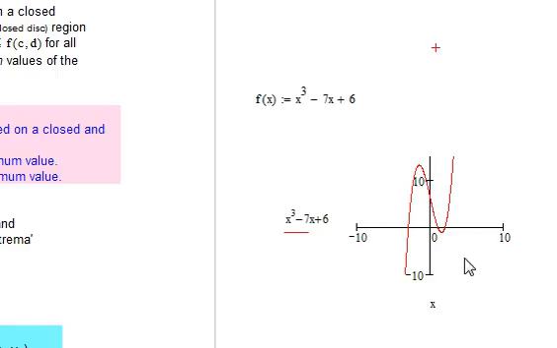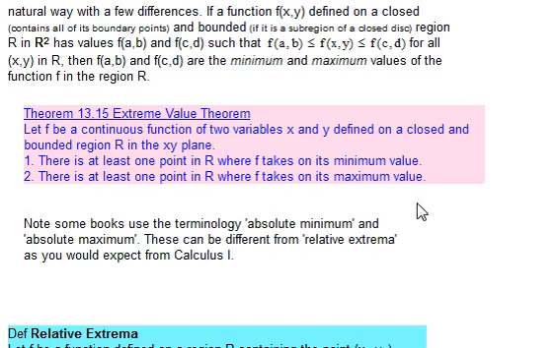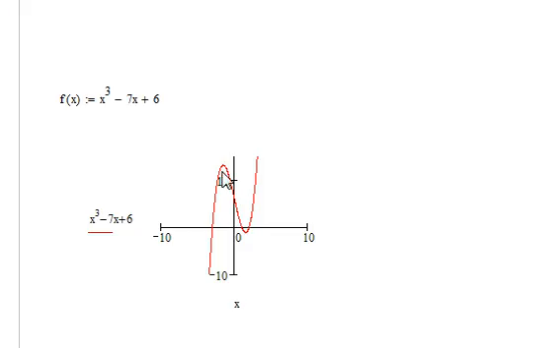So the relative extrema are this point and this point, and the absolute extrema really don't exist, or they're infinity and negative infinity, if you want to call it that.